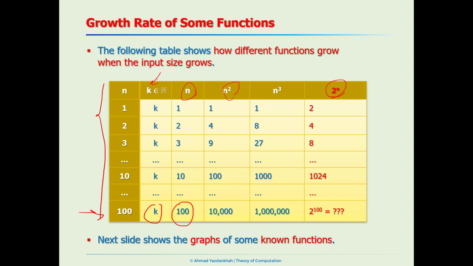If it is linear, it grows at the same rate, 100, 100, and 10,000, 1 million, and we will compute this later. So these are to have a feeling about how the function grows when we grow the input size.